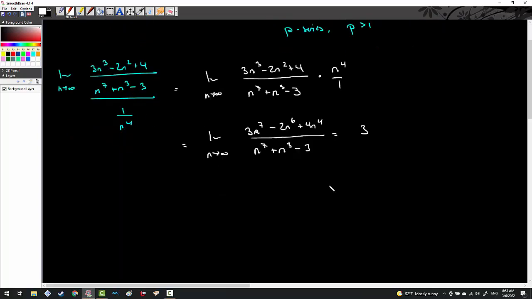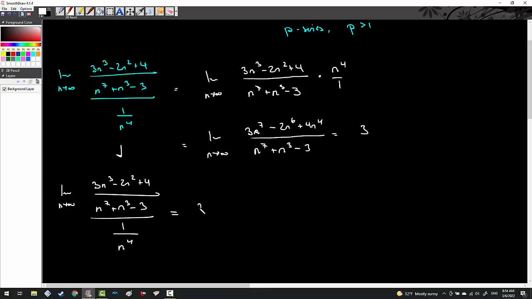Now again, why does this work? Even though I'm getting 3, and I know what you might be thinking, like, wait a second, that means that one series is 3 times larger than the other. Well, if the limit as n goes to infinity of that expression over 1 over n to the 4th equals 3, that means that one does in fact grow 3 times larger than the other.